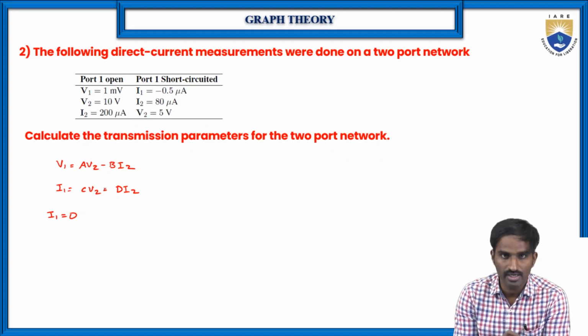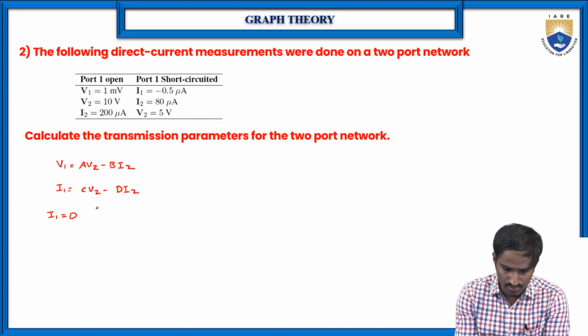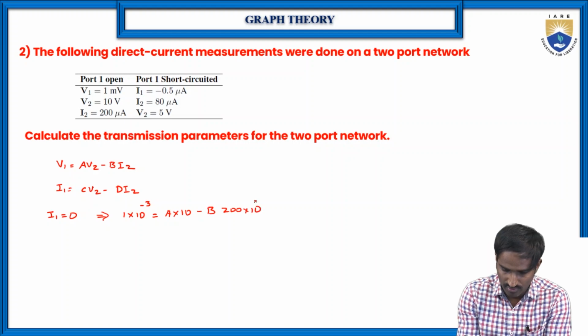So V1 is 1 millivolt, which means 1 into 10 to the power of minus 3 is equal to A into V2, where V2 is 10, minus B into I2, where I2 is 200 into 10 to the power of minus 6.